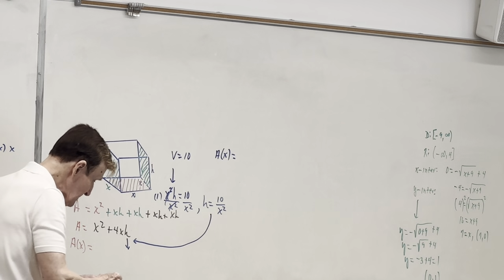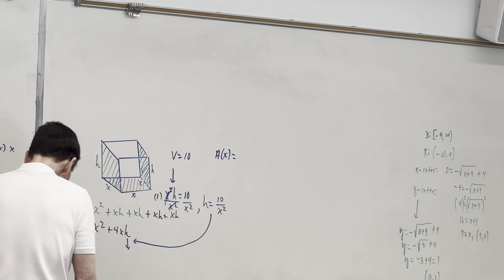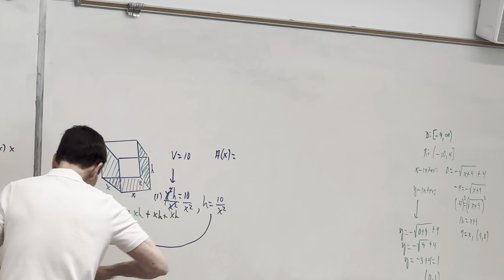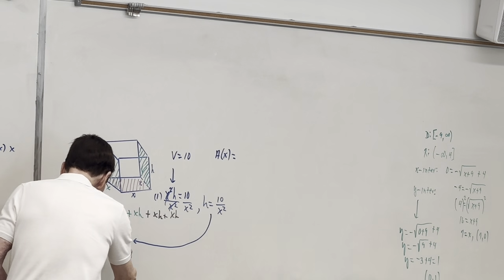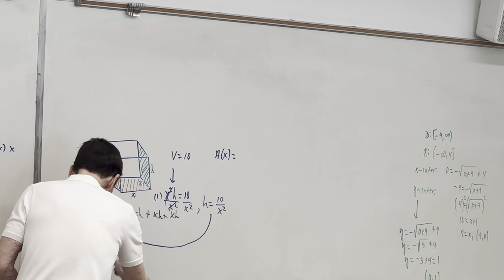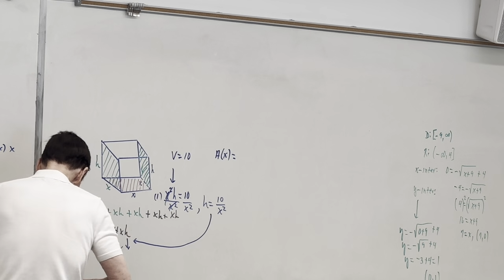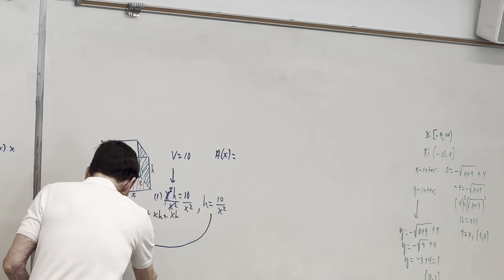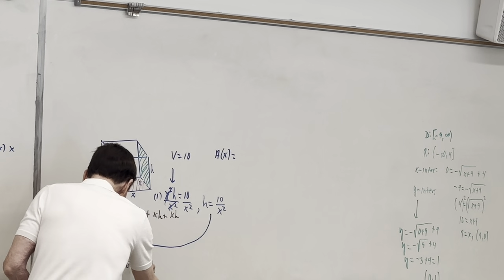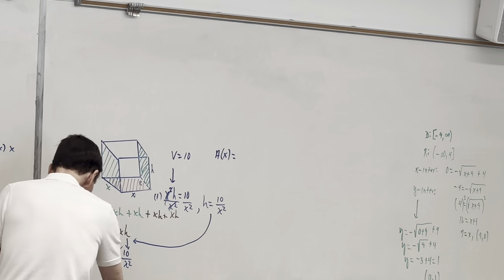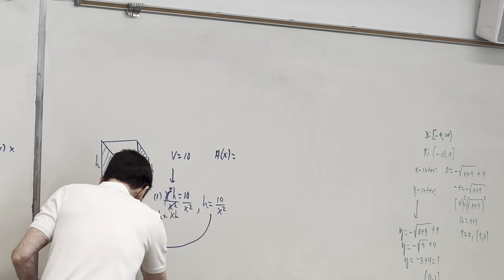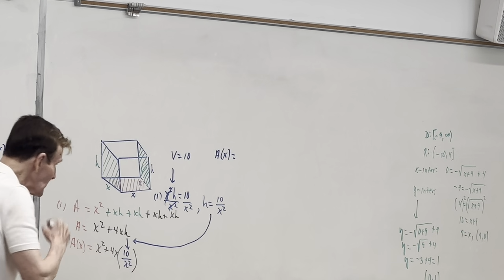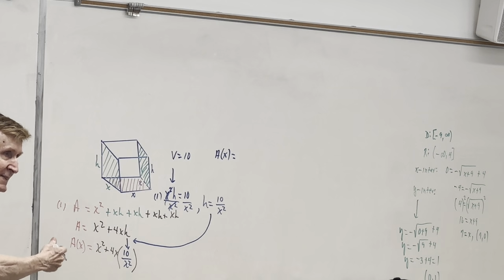And when I put that substitute in, it's now going to look like this. x squared plus 4x, and here goes. In place of h, the substitute is 10 over x squared. Please tell me at this point, is everything in terms of x now?